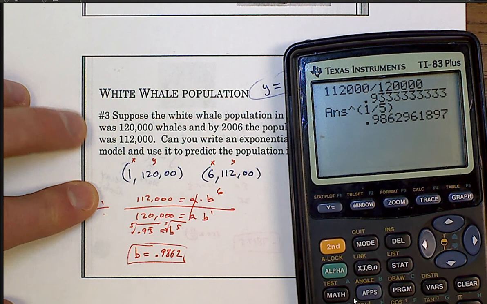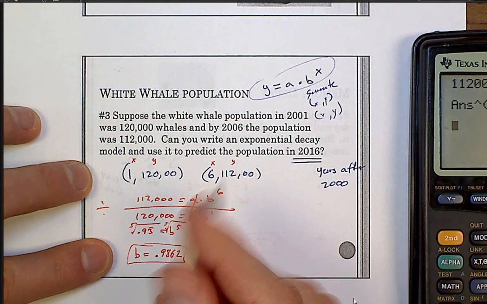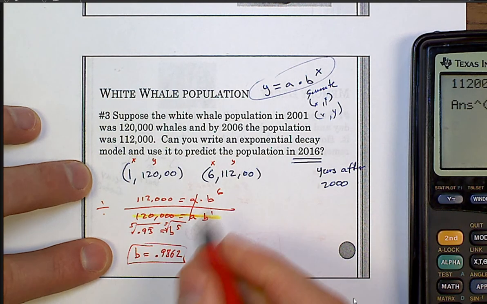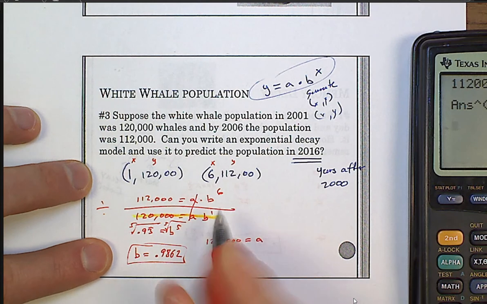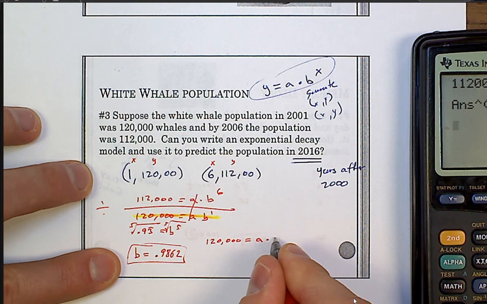So then I want to generate an a value. If you remember from yesterday, we would just plug this into either one of the 2 equations. So I'll plug it into this bottom one here. So basically I have 120,000 equals a times, my b value is this to the 1st power, so it's just essentially 0.9862.